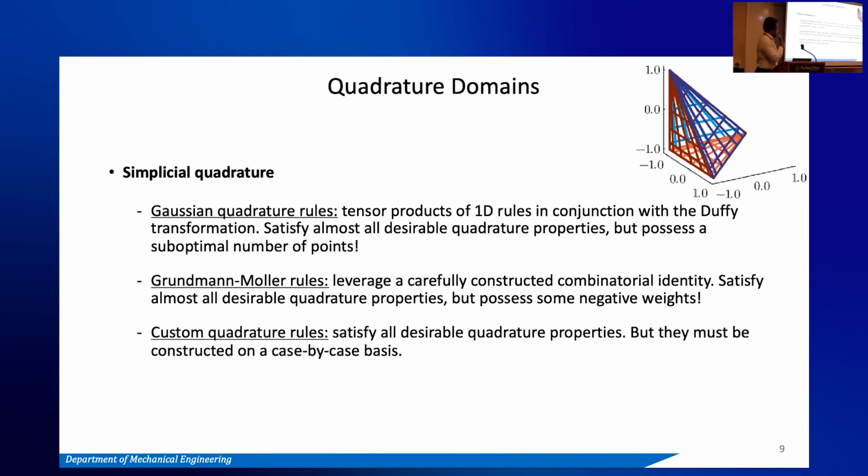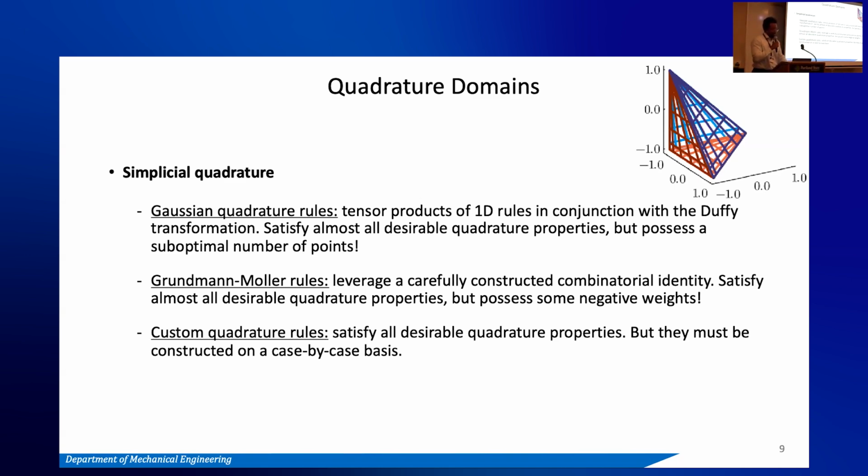And then for simplicial quadrature, you have very similar rules. You have the Gaussian quadrature rules again, where you just do tensor products, but then you use a Duffy transformation to map the cube onto the tet or onto your simplex. These are, again, going to have a suboptimal number of points because they're just based on the Gauss tensor products, which had a suboptimal number of points on the cube. So you haven't really gotten away from anything there.